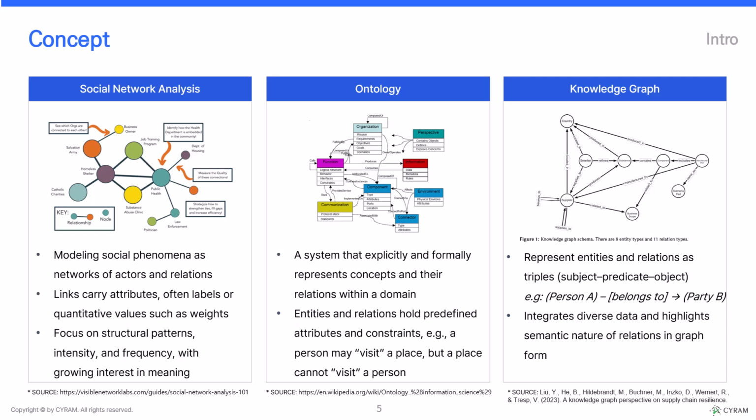Ontology is strict to keep things consistent, while a knowledge graph is more about using those semantic connections for practical stuff like query, search, and recommendation. And the trend now is that these 3 areas are starting to overlap and borrow from each other. Social network analysis is bringing in text and semantic ties for things like discourse or communication studies, and knowledge graphs are often built right on top of ontologies.